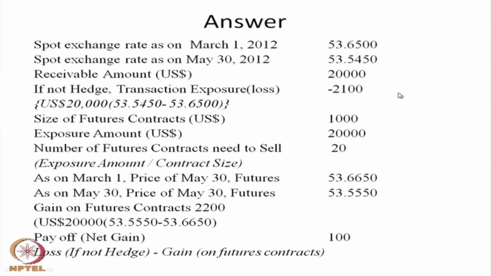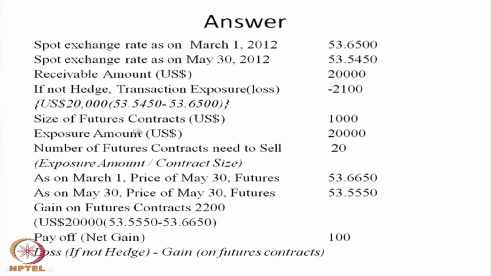Realizing this loss, he has gone for a future contract, because he realized that the rupee may appreciate and he would get fewer rupees. How many contracts? The size of a future contract in the Indian future market is $1000, but his exposure is $20,000.